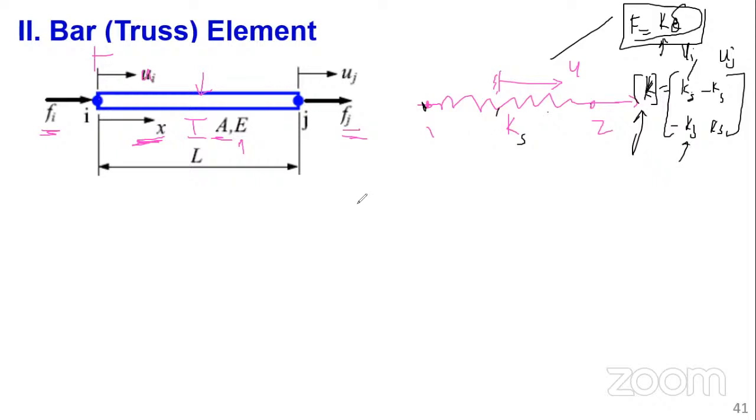So in this case, let's give some few definitions. A is the cross-sectional area, E is the Young's modulus, Fi and Fj are nodal forces, I and J are the nodes, Ui, Uj are the deformations, L is the total length of our member, and X is the coordinate system, the direction of our axis.